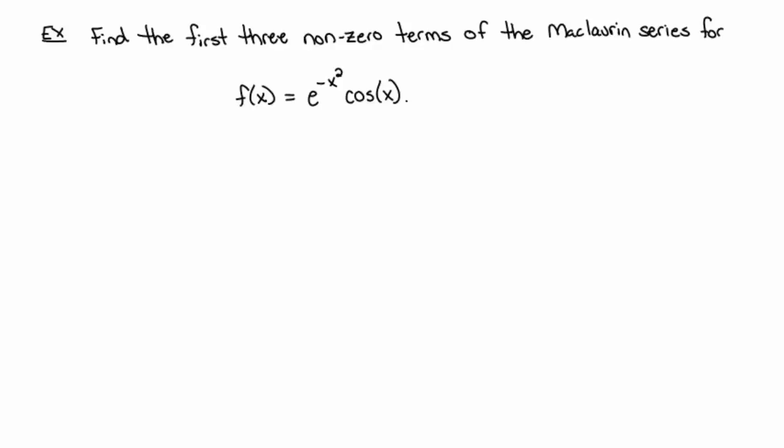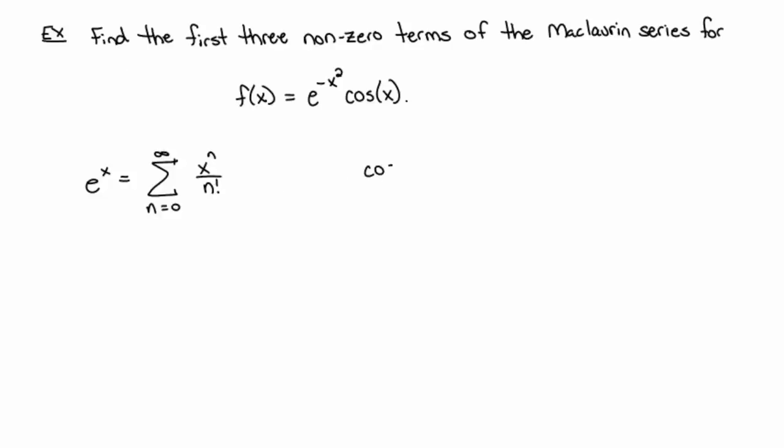Because of that, we only require that you write out maybe the first 3, 4, or 5 non-zero terms of the expansion. You rely upon technology, honestly, to write out as many terms as you need. So in this case, we're going to recall a couple of power series expansions. e to the x has Maclaurin series the sum from n equals 0 to infinity of x to the n over n factorial.